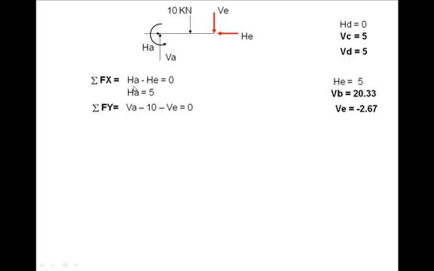Sigma Fx equals 0 tells me HA minus HE is 0, telling me HA is 5 because HE is 5. Sigma Fy: VA minus 10 and VE, but VE I'm going to put this value of minus, so I'll get VA 7.33.